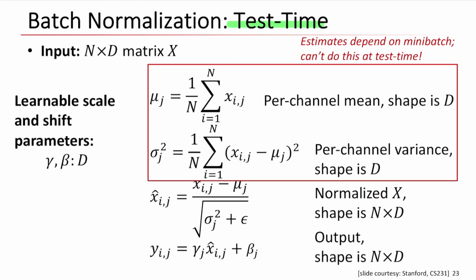So at testing time, actually you don't need to compute this one, right? Because this mean and variance is defined on the mini batch here, so you can compute this one in training time.